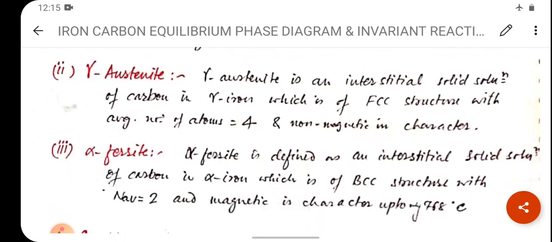Alpha ferrite is defined as the interstitial solid solution of carbon in alpha iron which is of BCC structure with average number of atoms equal to 2 and magnetic in character up to 768 degrees Celsius. Up to what temperature will this BCC be magnetic? Up to 768 degrees Celsius, that is the Curie point temperature. Clear?